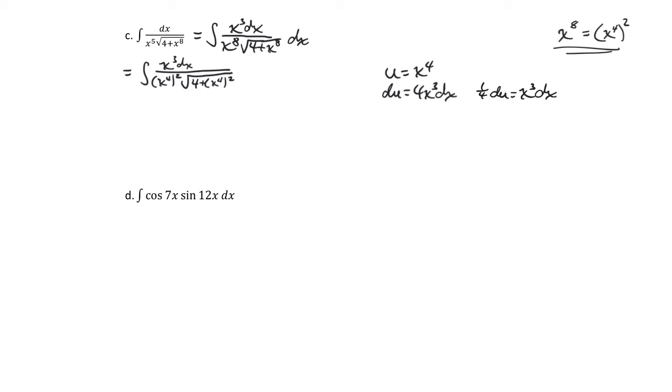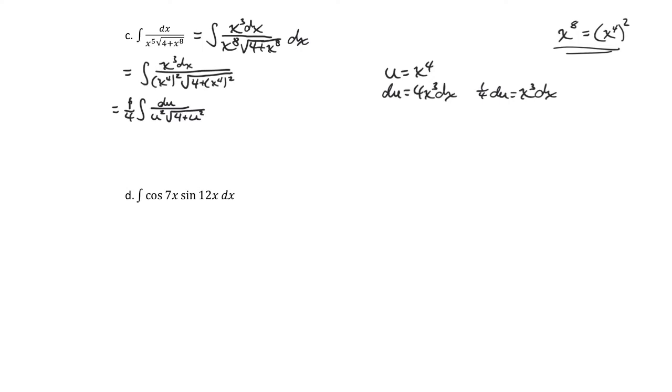When I make my substitution then, I end up with something like this. We'll put the 1/4 out front. The x cubed dx is 1/4 du. There's my du. x to the 4th was u, so this becomes u squared times the square root of 4 plus u squared also. So now it's time to consult my table of integrals.